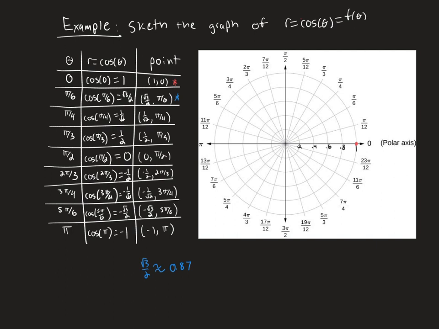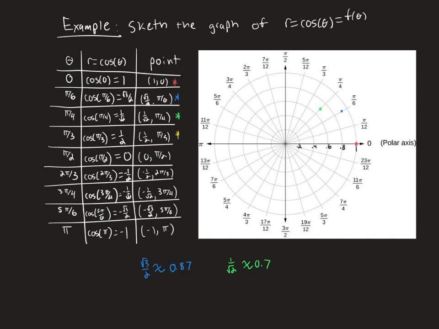So at pi over 6, we're at 0.87, so pretty far out there. What about pi over 4? 1 over root 2 is about 0.7. So at pi over 4, we're at, what about there?